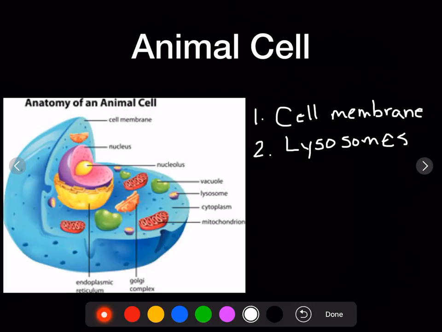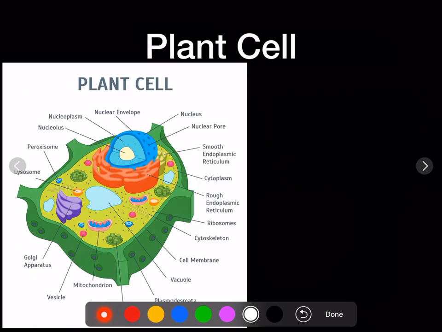Now, animal cells also have more prevalent mitochondria. Now, plant cells contain mitochondria as well, but the difference is the mitochondria in the animal cells are the most prevalent, as in they're the ones that are responsible for making all of the energy.